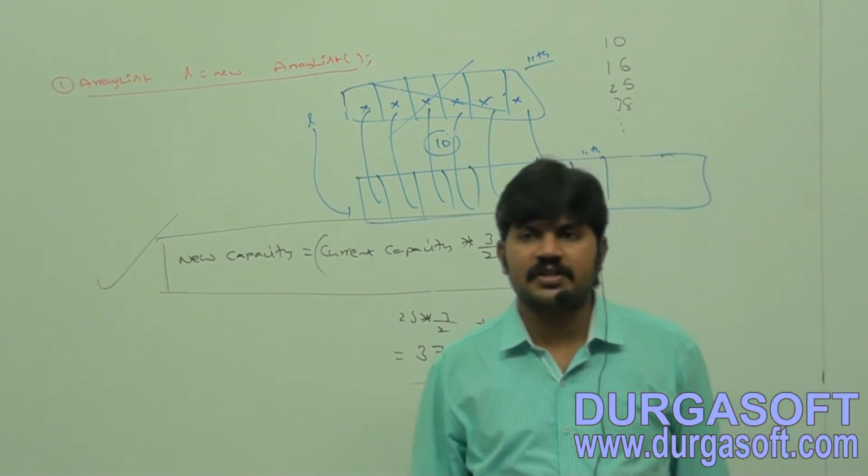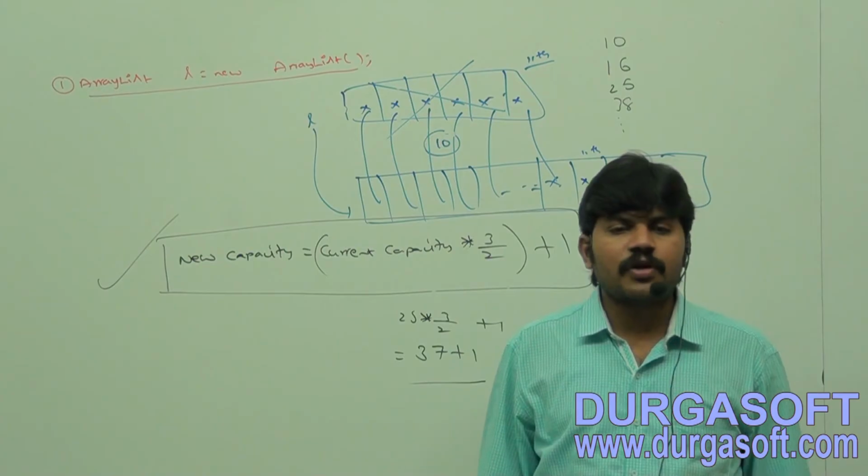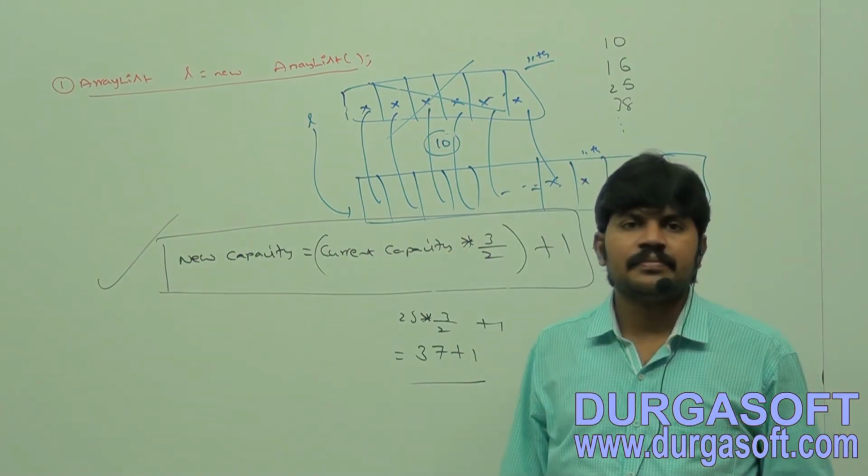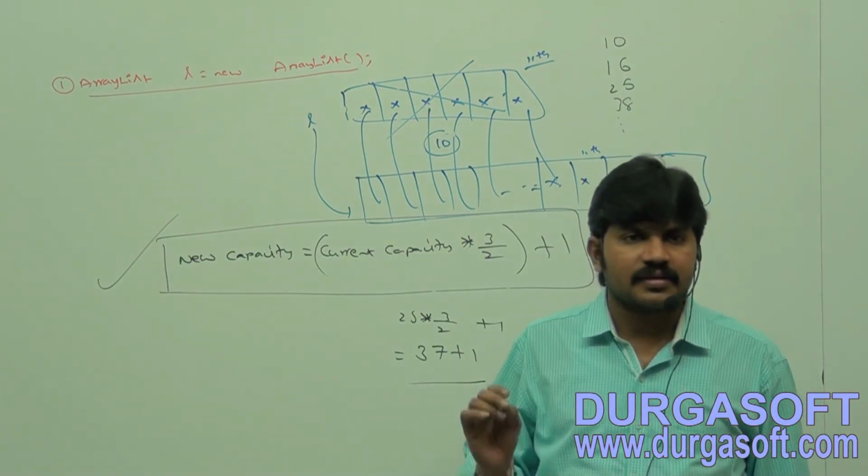What is the default initial capacity? 10. With the default initial capacity 10.